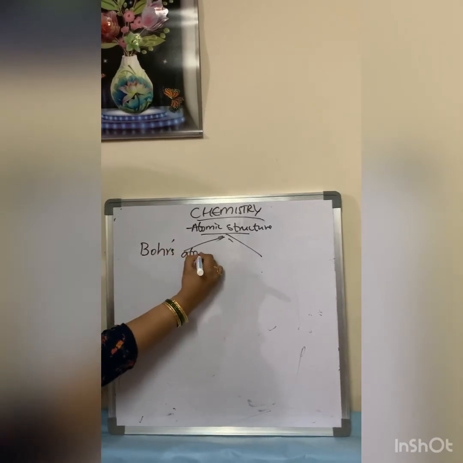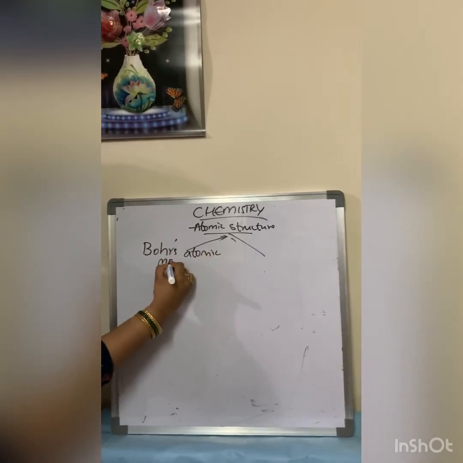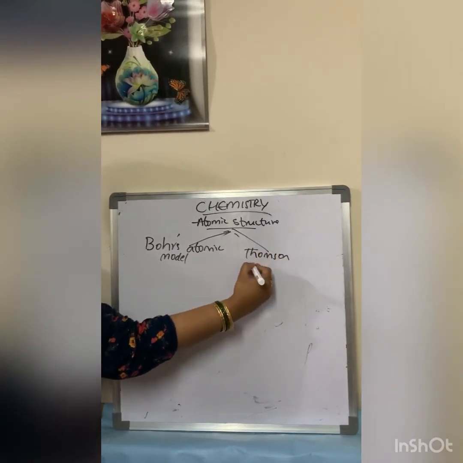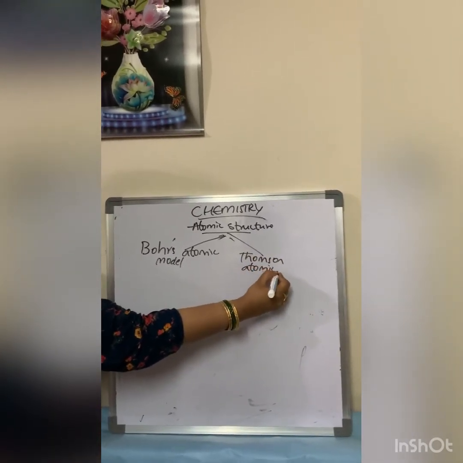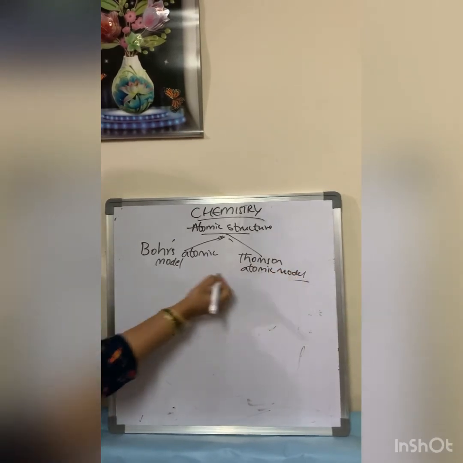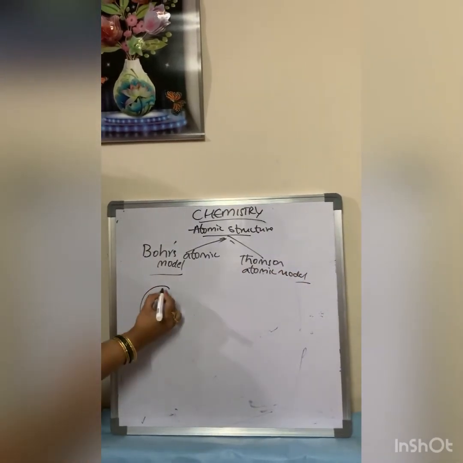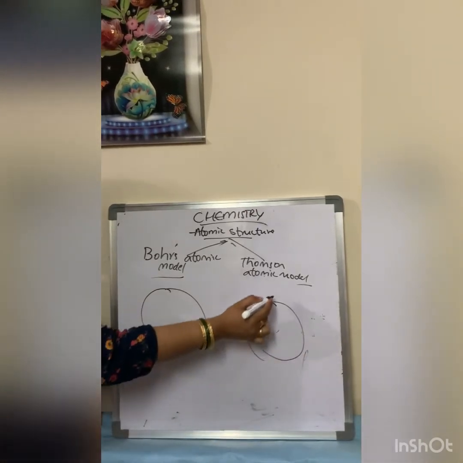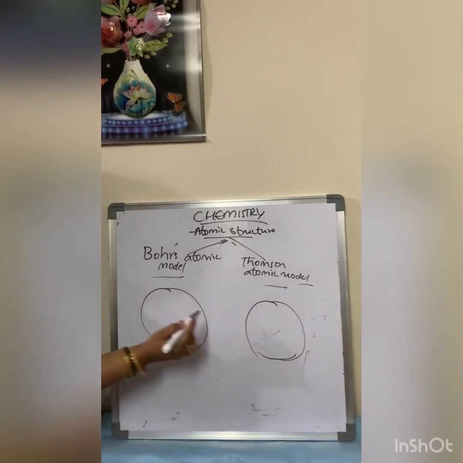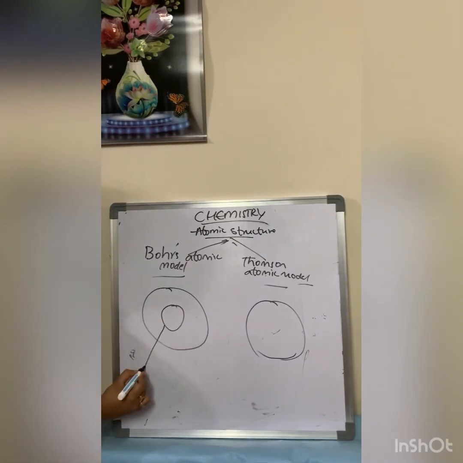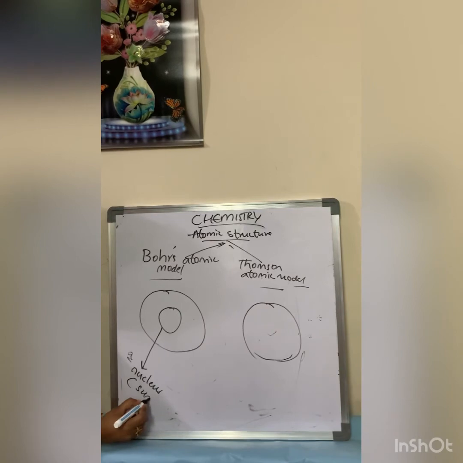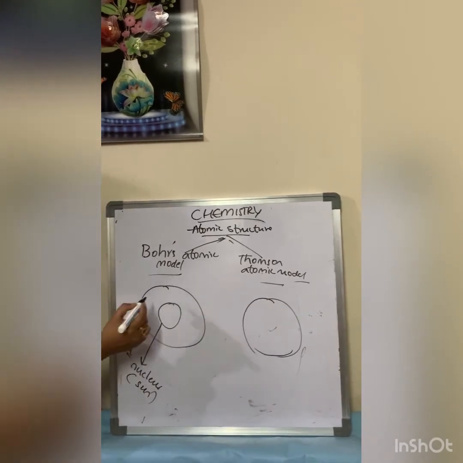Bohr's atomic model and Thomson atomic model. Atom. Nucleus representing the sun according to him.